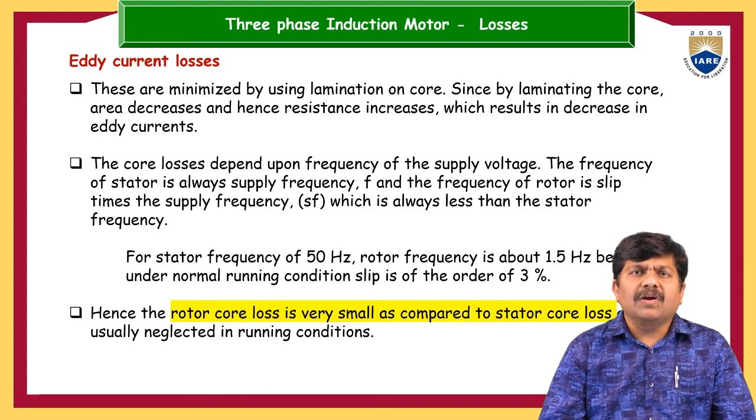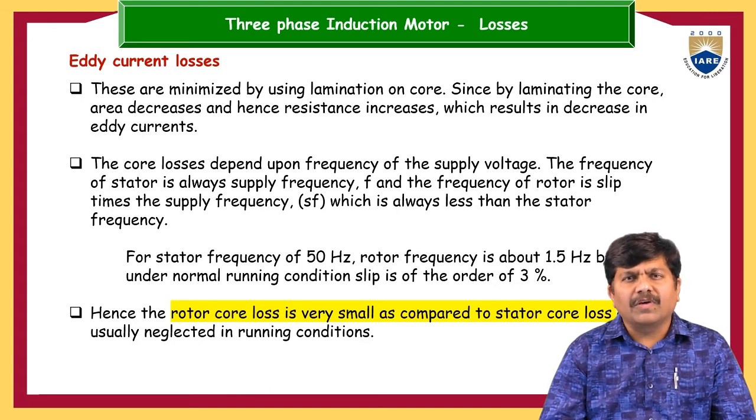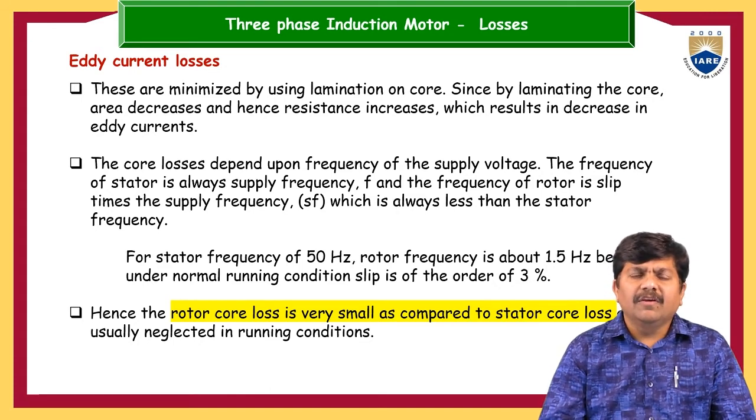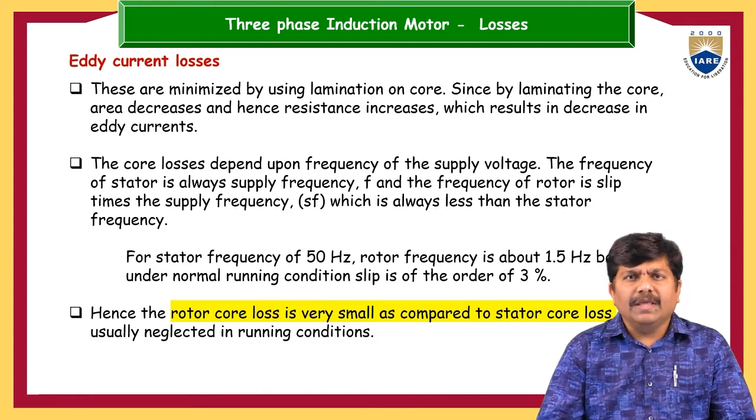So in these cases the flow of current is reduced to a very, very low value. This is how we reduce the eddy currents, so that proportionally the eddy current losses can also be minimized. And one more important point is that the core losses depend upon the frequency.